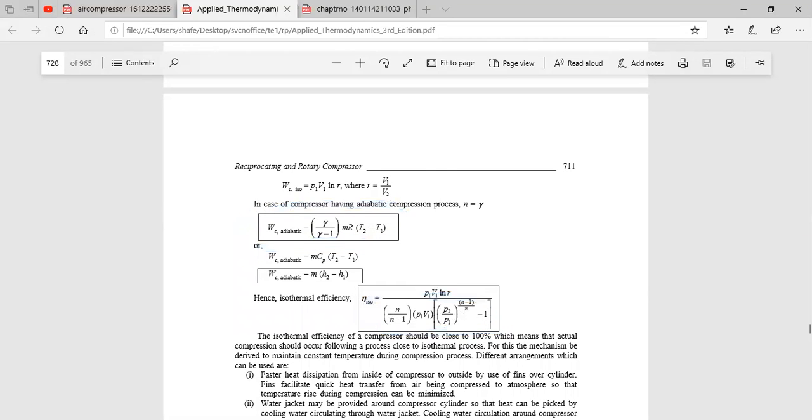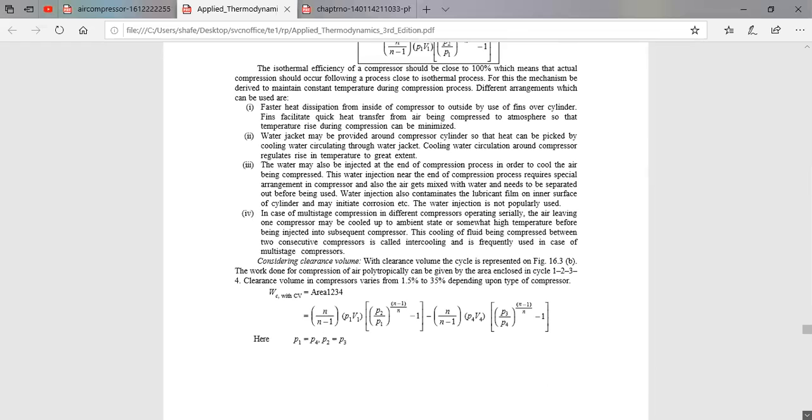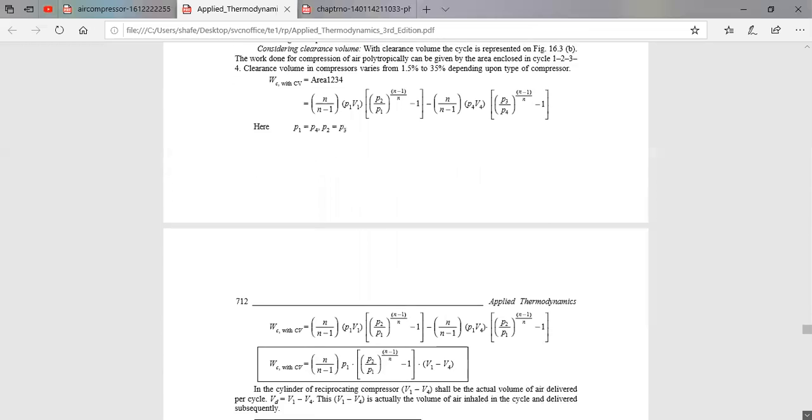Right. Now straight away I'll take a problem to understand. I'll take a problem here so you can easily understand what exactly I have discussed.